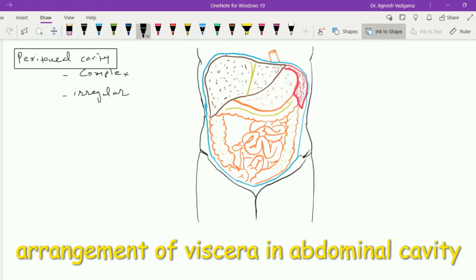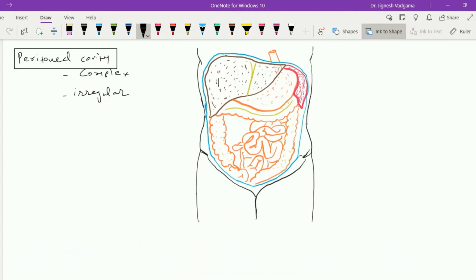To understand the complexity of the arrangement of the peritoneal cavity, we have to know the exact location of the viscera and GI tract. So here in this case, we can appreciate that this is the liver, this is the stomach, this is the spleen.